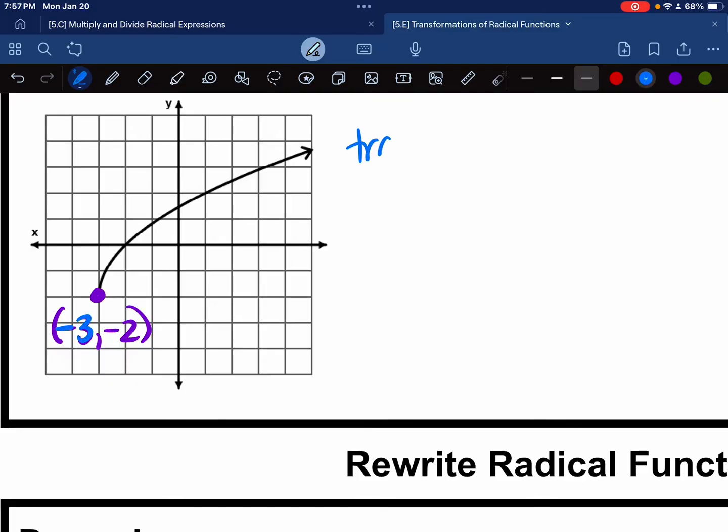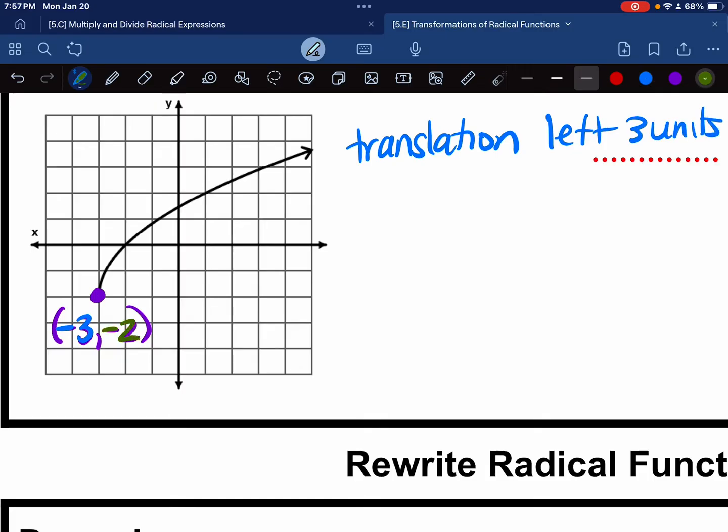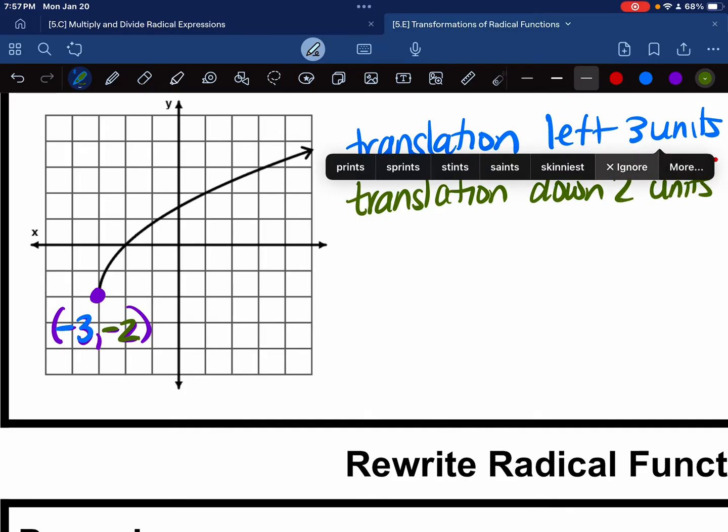So it was translated left 3 units. The -2 is your K value, so it was translated down 2 units. Oh, come on. Now my handwriting wasn't that bad.